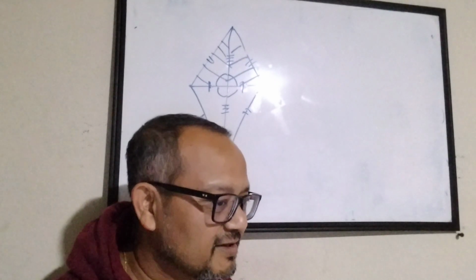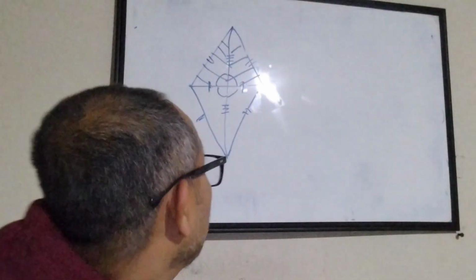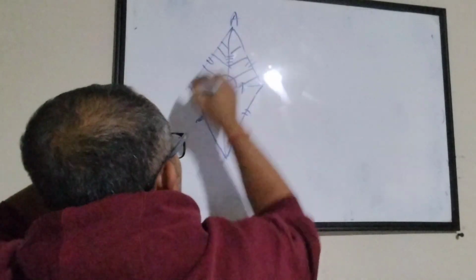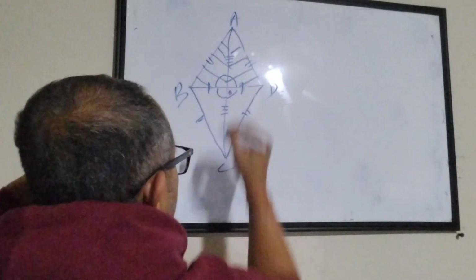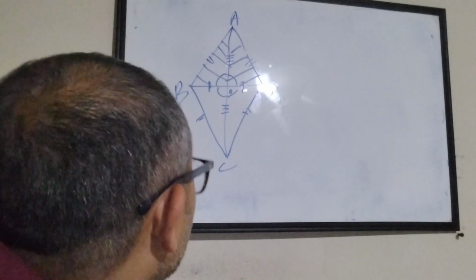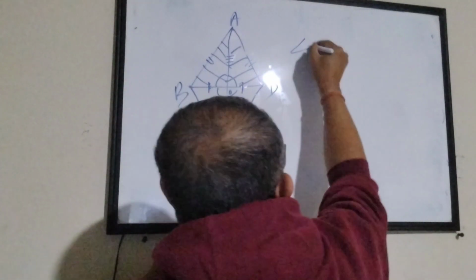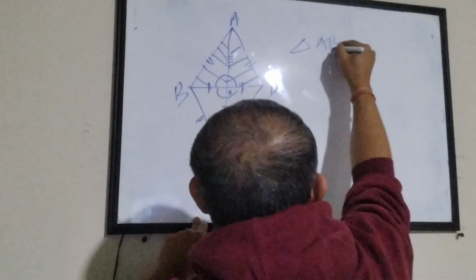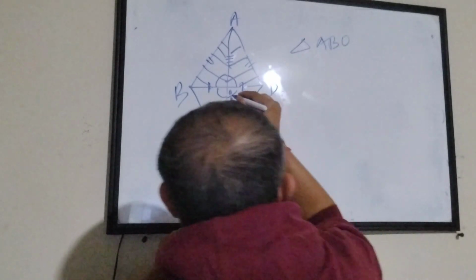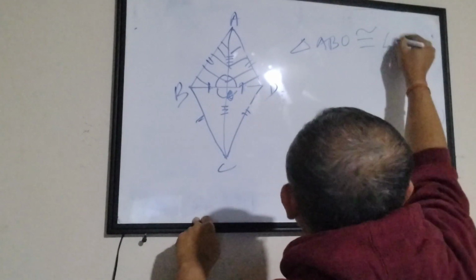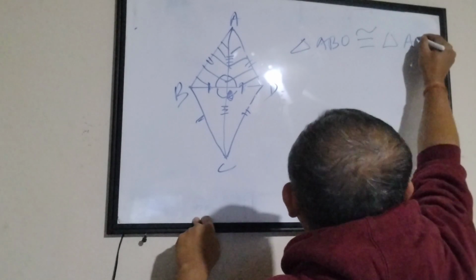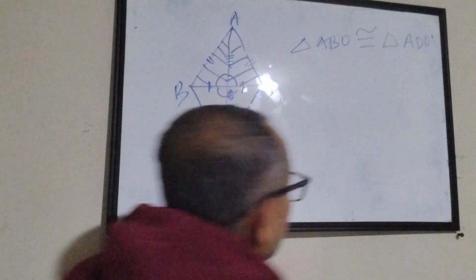So you just now told me that two of those triangles are congruent, right? Let's say A, B, C, D and they are meeting at O. Now what I'm saying is triangle ABO, where O is the center, and triangle ADO are congruent. Agreeable?